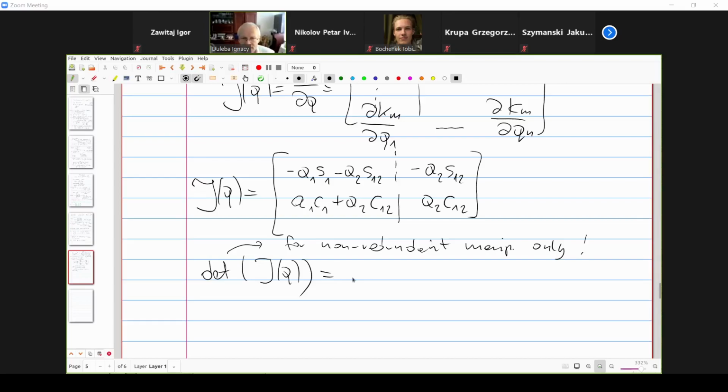So the determinant of this is equal to, because here is minus, multiplying this with the minus sign, I've changed the sign here to plus. Okay, can you see it?